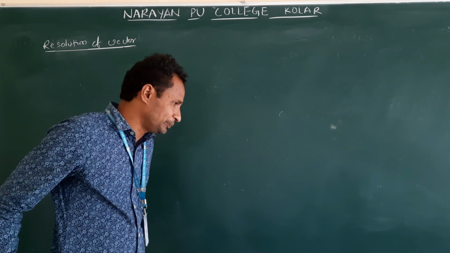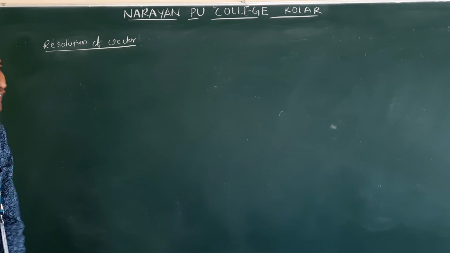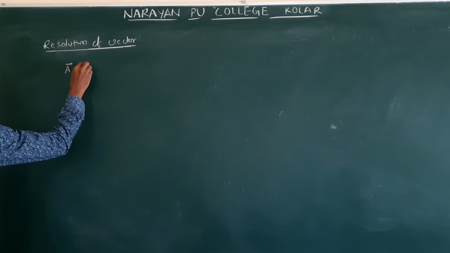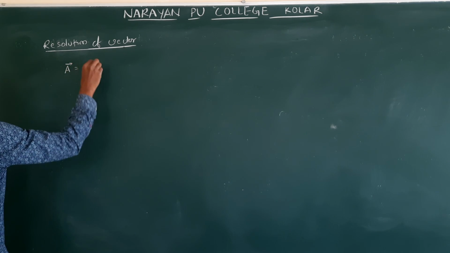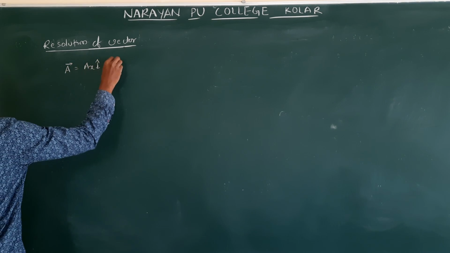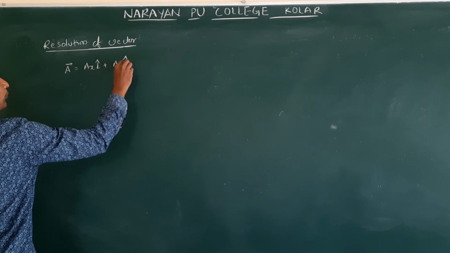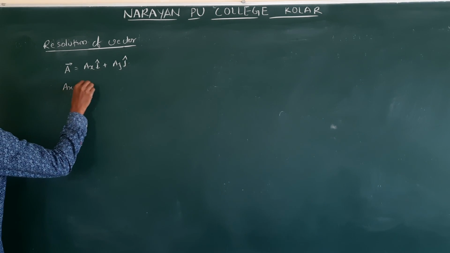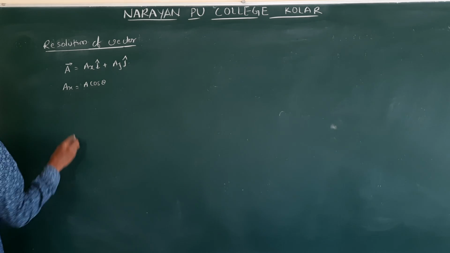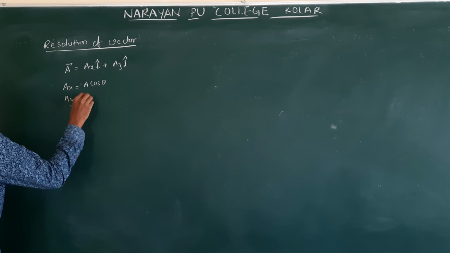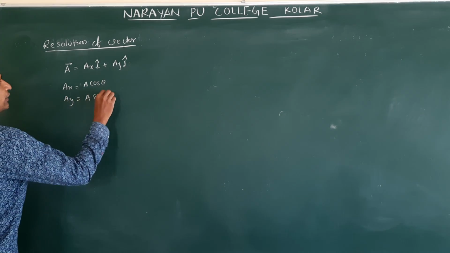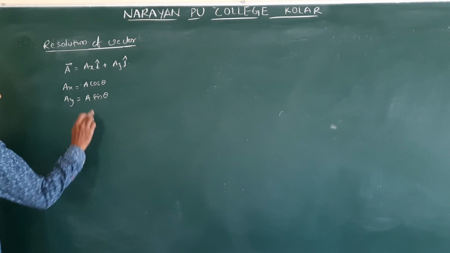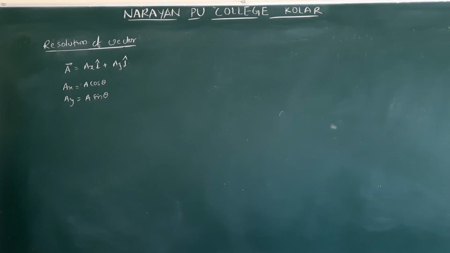We have seen resolution of vector. We took vector A that is equal to AX i cap plus AY j cap. AX we wrote as A cos theta, AY as A sin theta, horizontal component and vertical component.